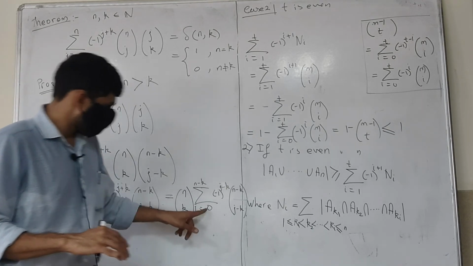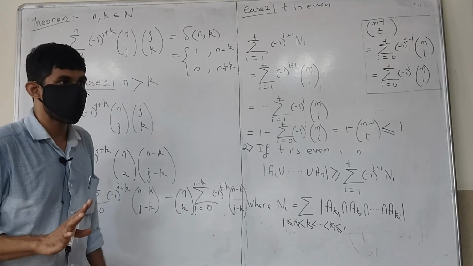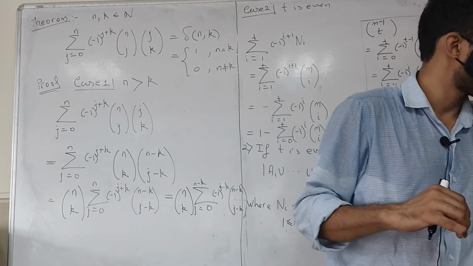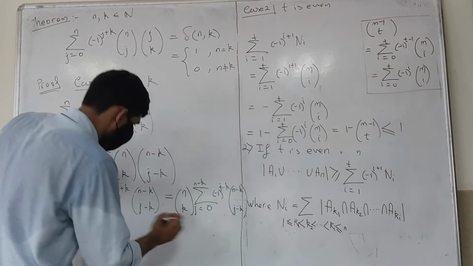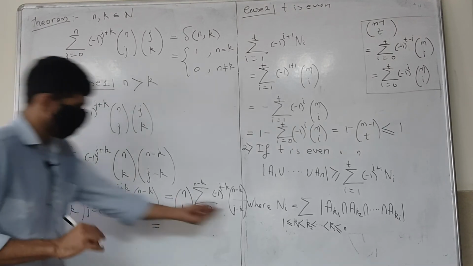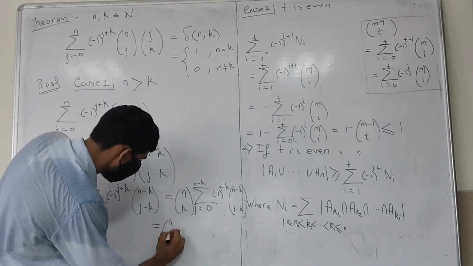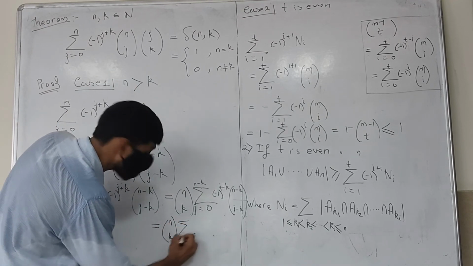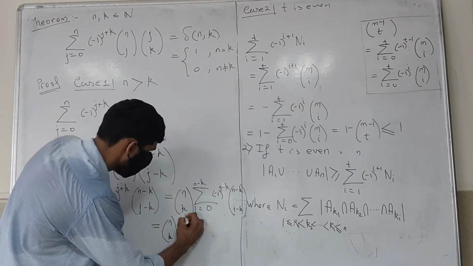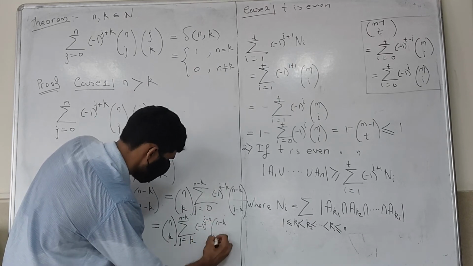When j is less than k you will get 0, you're right, that's exactly what you've got to do. So those terms you can ignore. When j is less than k, as he said, these are going to be negative, right? Choosing a negative number of things is always 0. So you can start from the kth term, that is j going from k to n minus k, minus 1 raised to j minus k, n minus k choose j minus k.